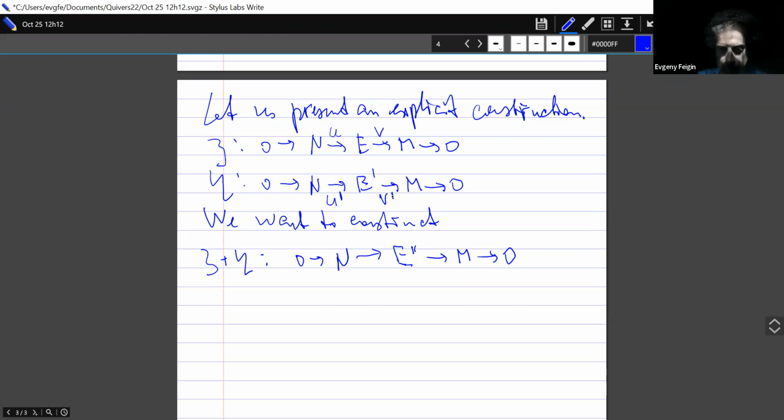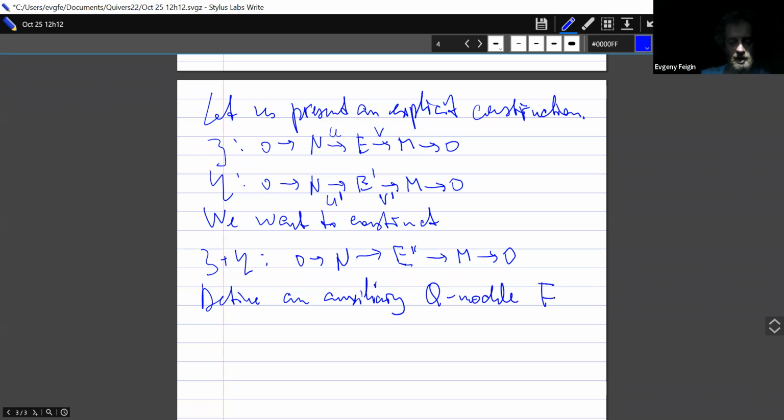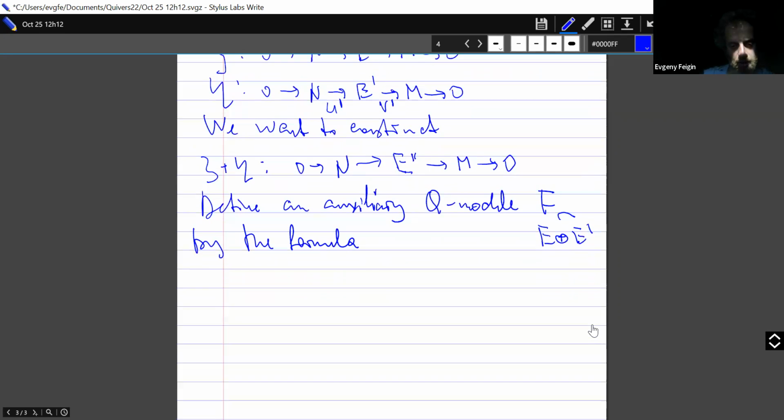Okay, and so first of all, let us define an auxiliary Q module F by the formula. So actually F sits in E plus E prime.